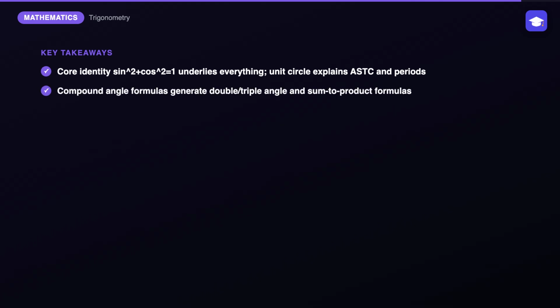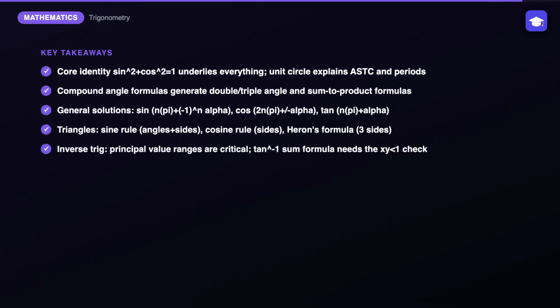Let's recap this entire chapter. Every identity traces back to sine squared plus cosine squared equals 1, and the unit circle explains the ASTC rule and periods. Compound angle formulas generate double, triple, and sum to product formulas, all worth understanding as connected, derivable relationships rather than isolated facts.